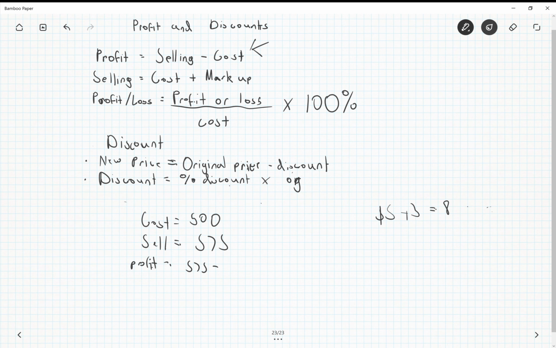So I basically increase the amount in order to produce a selling price. We can put this into an equation where the selling price equals the cost plus the markup, which can be shown right here.